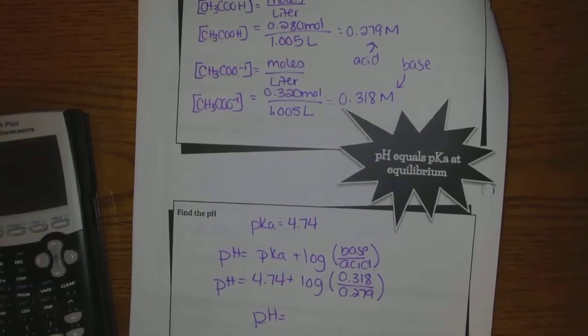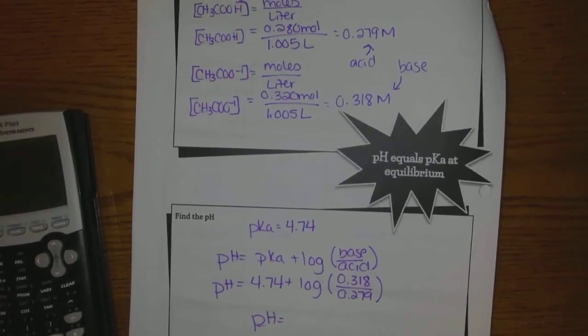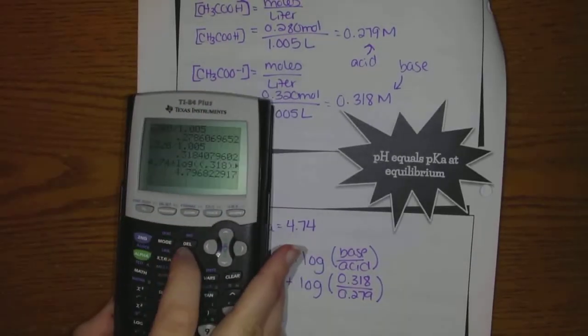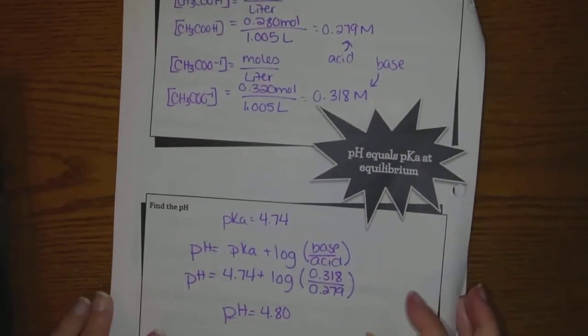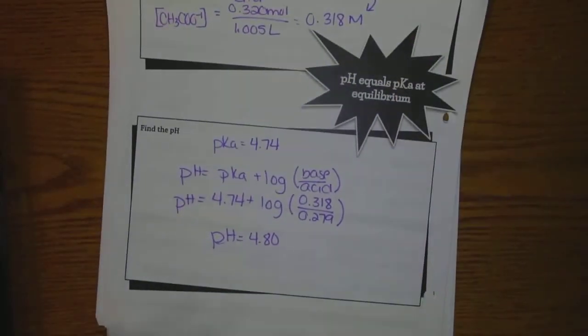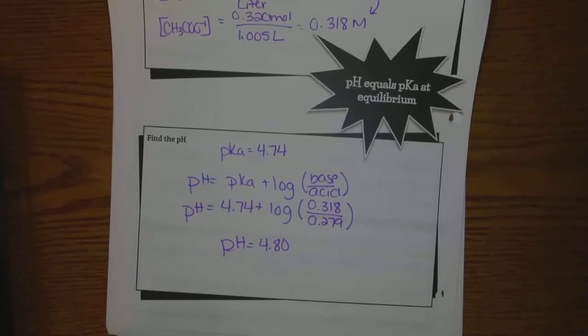For our pH, we put that in, and we get this for our answer. Remember, we're rounding to 2 decimal places, so 4.80. And that's pretty simple, and that's how you solve for a change in pH when you're dealing with a buffer.